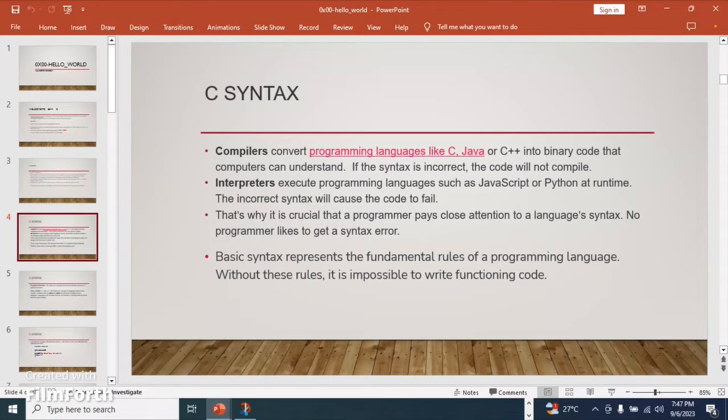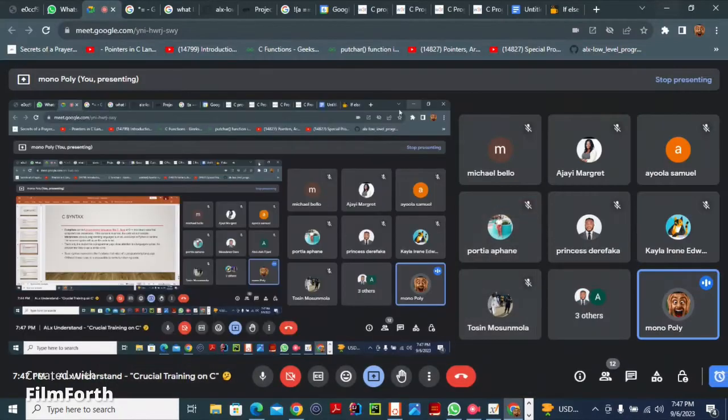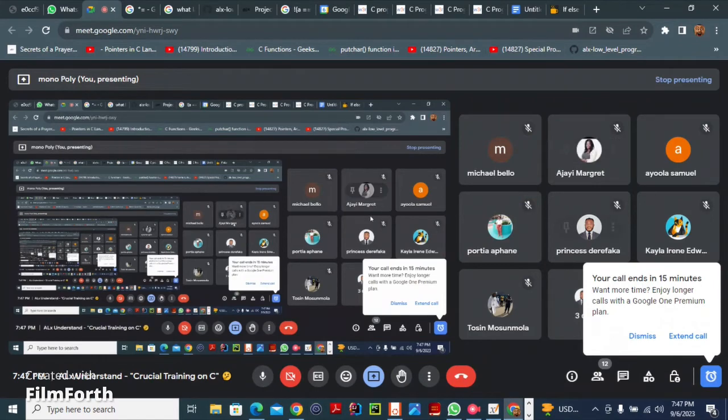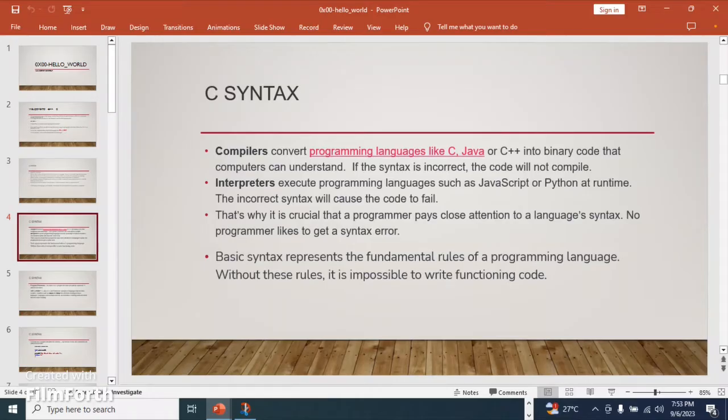As we all know, the computer communicates with zeros and ones. Interpreters execute programming languages such as JavaScript or Python at runtime. So if you have an incorrect syntax, your program is going to fail at runtime.